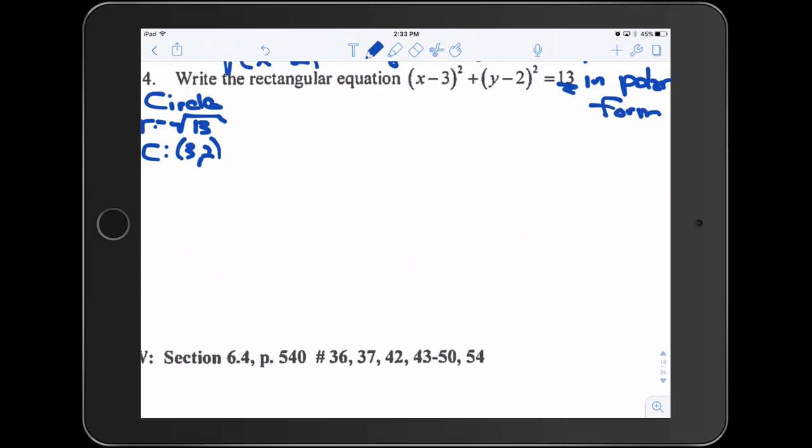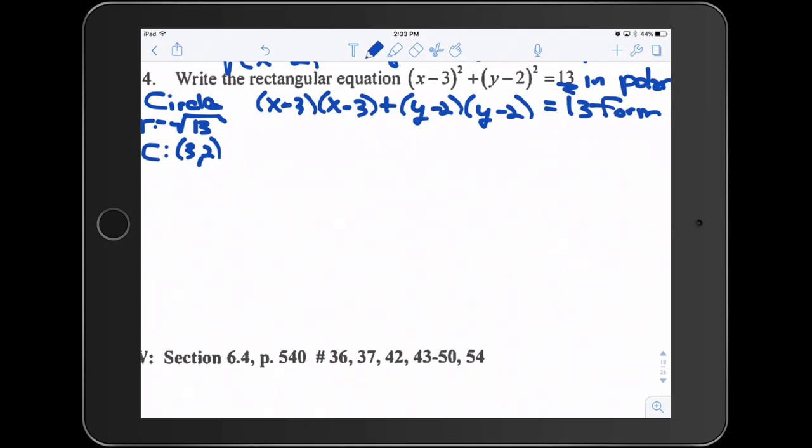And so what we want to do is first expand this all out. So we're going to go (x minus 3) times (x minus 3) plus (y minus 2) times (y minus 2), and we have 13 over here on the other side of the equation.